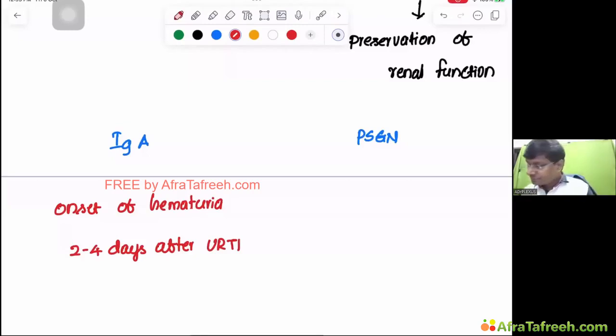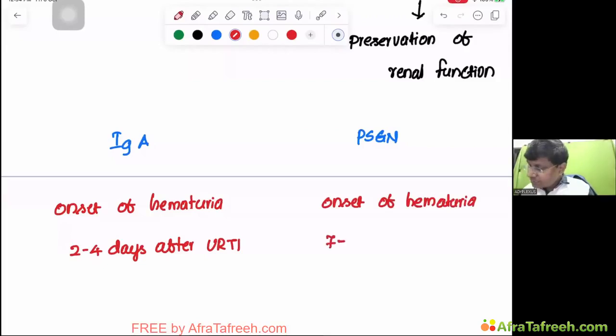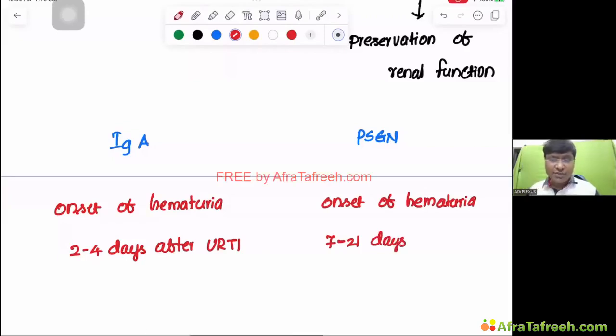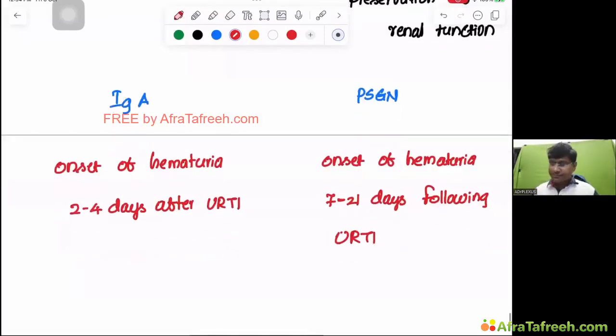Whereas in PSGN, the onset of hematuria is 7 to 21 days, basically 1 to 3 weeks or 3 to 6 weeks following your upper respiratory tract infection or the skin infection.